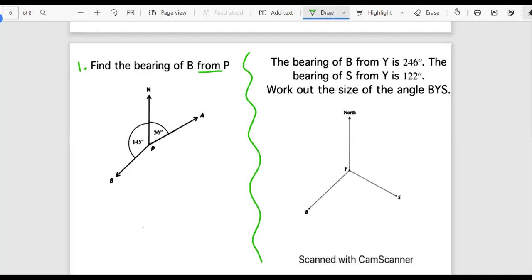And then the angle is going to be in the clockwise direction, starting from P to B. This is going to be the angle. So can anyone tell me what would be the angle? What would be the bearing? Yes. Yes, Mahad and Turhan.